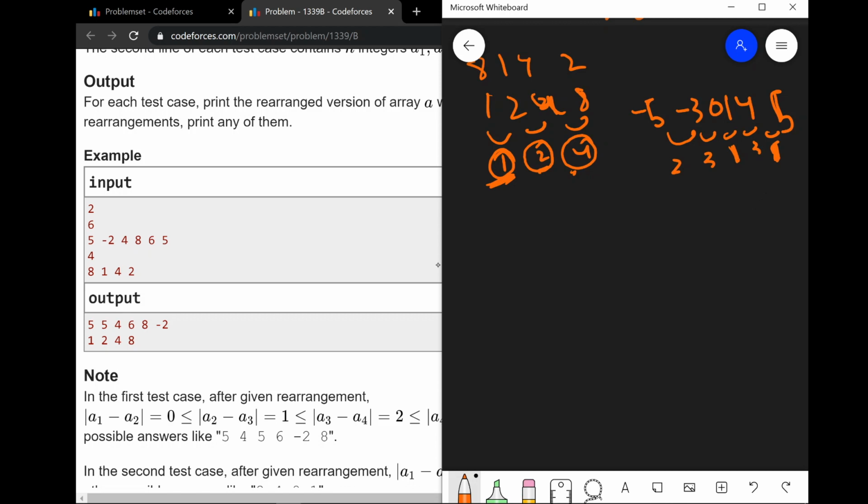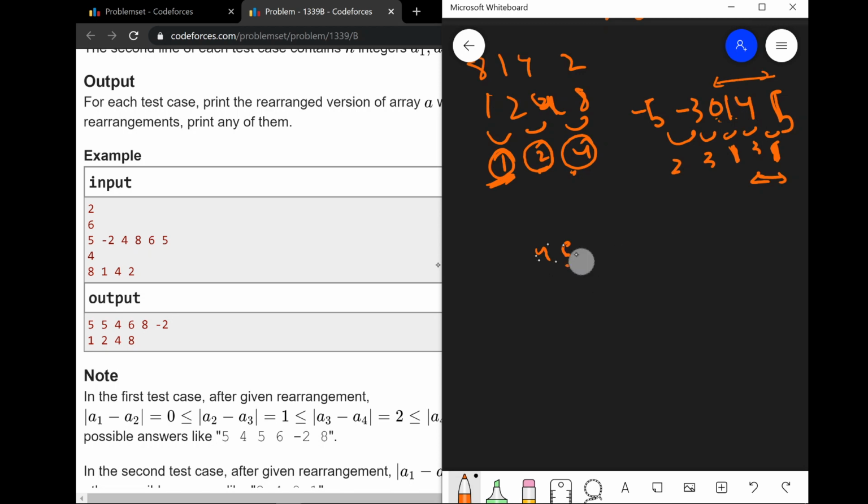So suppose we printed 4 and 5 first, so this would be printed first. Then we can't add this 1, because if we add any one of these which is greater or less than this, then this distance changes.